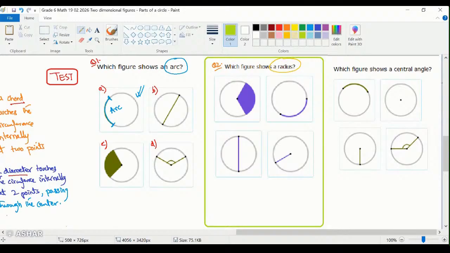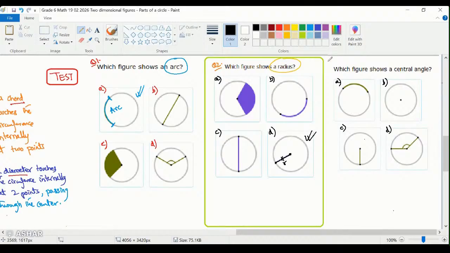Perfect. We need to find the radius, and we know the definition of radius is, if the options were A, B, C, and D, we know that the radius is always from the center to the circumference. That means option D was correct.